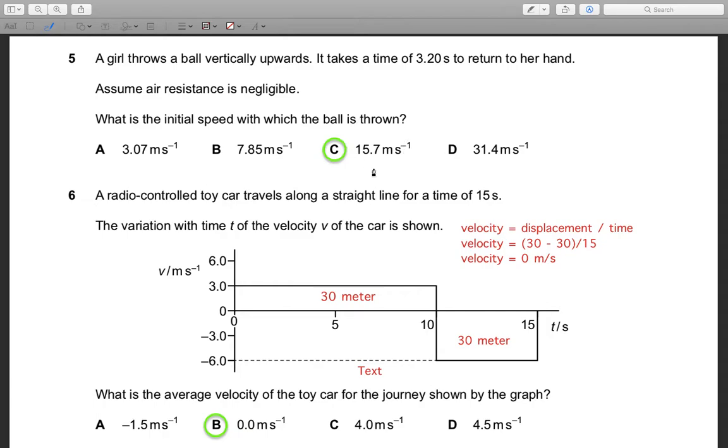This is actually from g t. Let's say g is 9.81 times 3.20 divided by 2, it becomes 15.7, because this is g and this is the time until the high point.